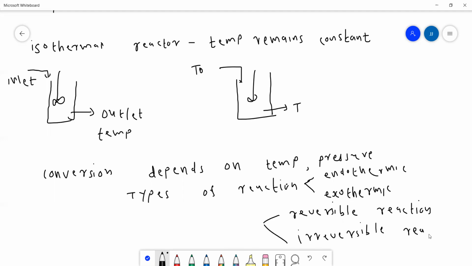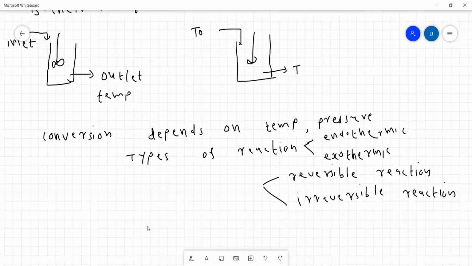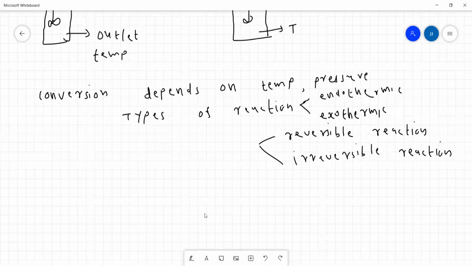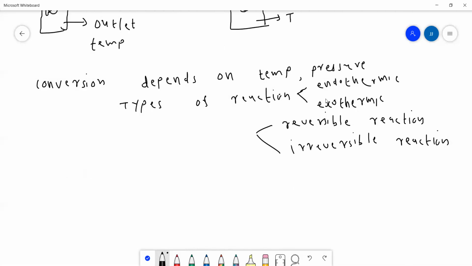Especially we know that for an endothermic reaction, for any case where the reaction is reversible or irreversible, conversion always increases as the temperature increases.